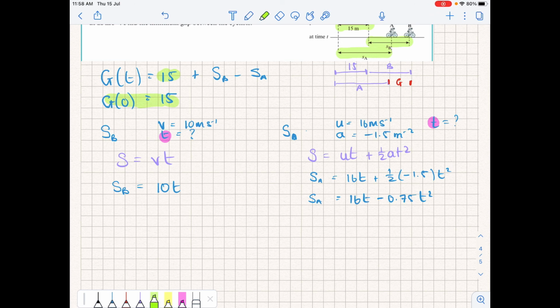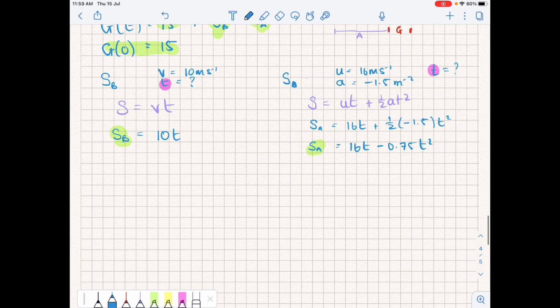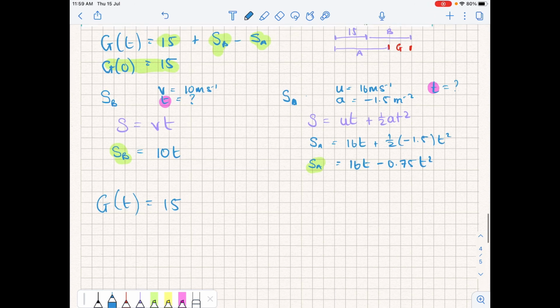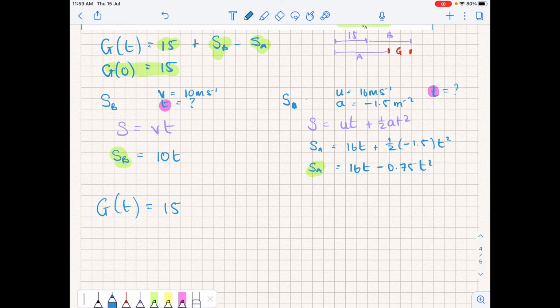So now we have solved for the displacement for cyclist B and for the displacement of cyclist A. So we're going to create our function, the gap, with respect to time now. So the gap at any point in time is equal to that 15 meters that we started with. Right, we're going to add the displacement for cyclist B, which is 10t, right?